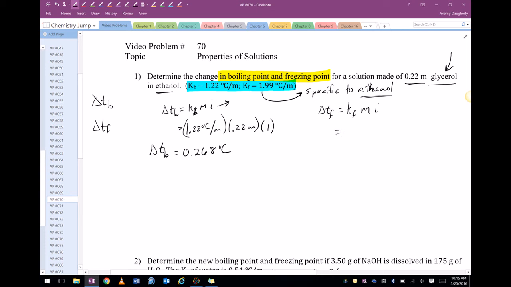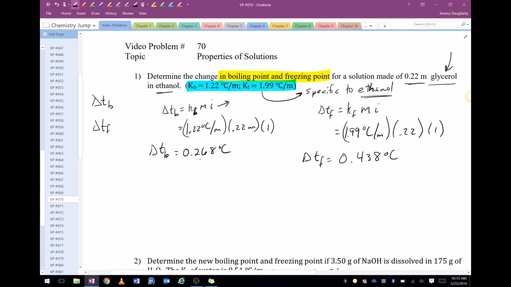So let's do this one over here. The Kf is 1.99 times 0.22, and again the i is only 1 because it doesn't break up into ions. So this ends up being 0.438. Now both of these should be 2 sig figs.